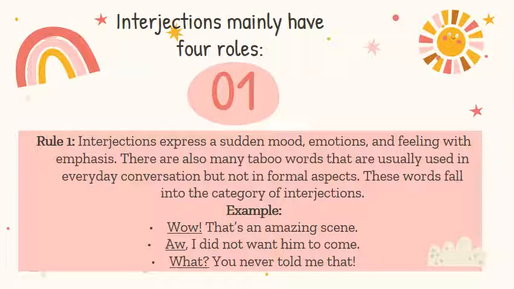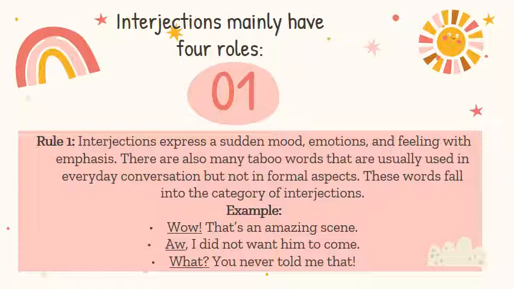There are some rules in interjection, just like what I have already told you, but this is the detailed information. Rule number 1. Interjections mainly have 4 rules. Number 1, interjections express a sudden mood, emotion, and feeling with emphasis.